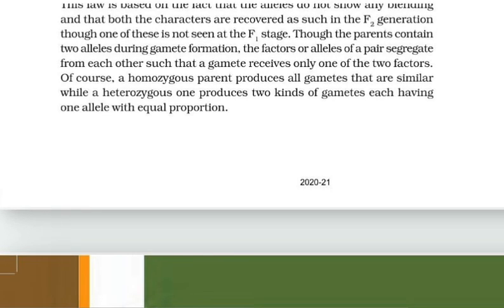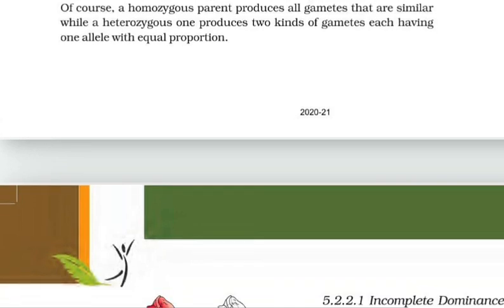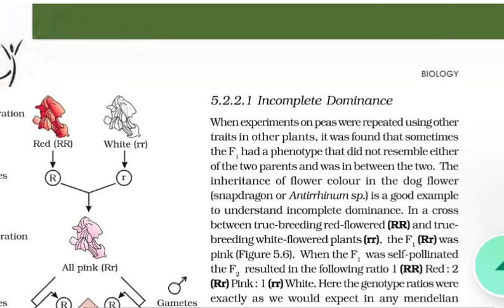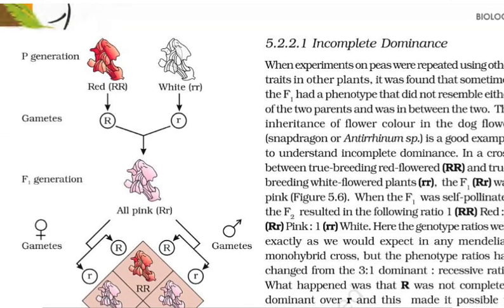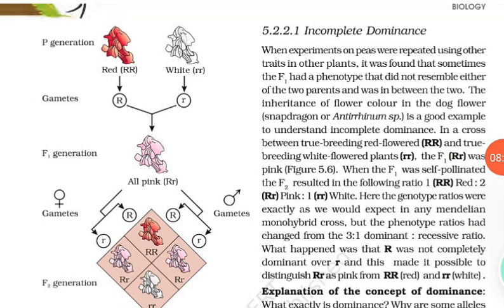Next is incomplete dominance. When experiments on peas were repeated using other traits in other plants, it was found that sometimes the F1 had a phenotype that did not resemble either of the two parents and was in between the two.